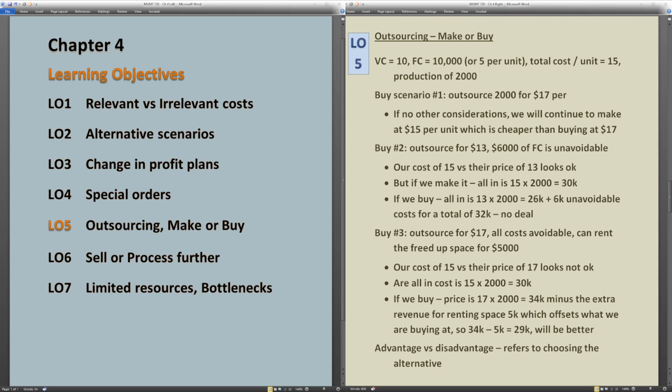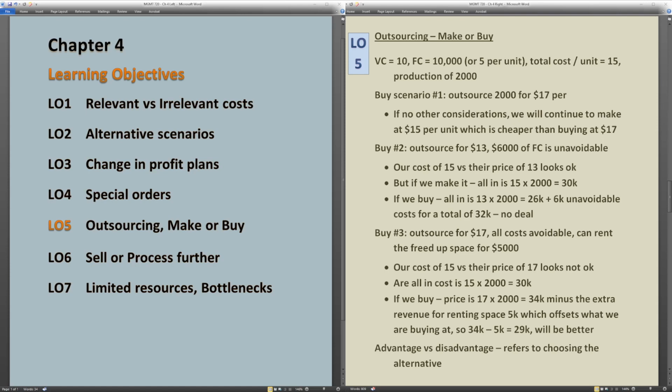Or we buy it from them for $13 times 2,000, which is 26,000, plus we still have to pay the 6,000 unavoidable costs for a total of 32. So make it all in is 30. Buy it, even though the per unit price is cheaper, we still have other unavoidable costs we need to take care of. Therefore, the all-in cost for buying it is $32K, and therefore, again, no deal. And the situation could be different.